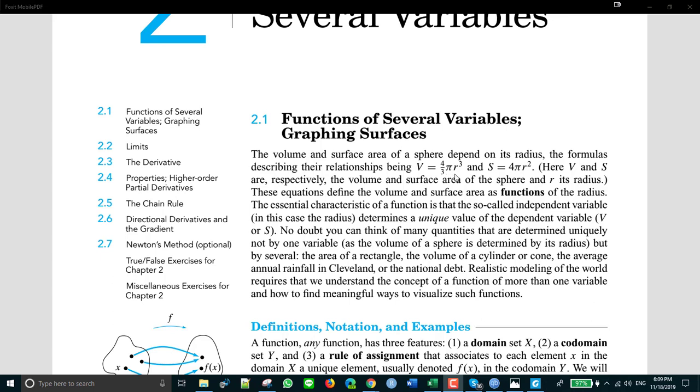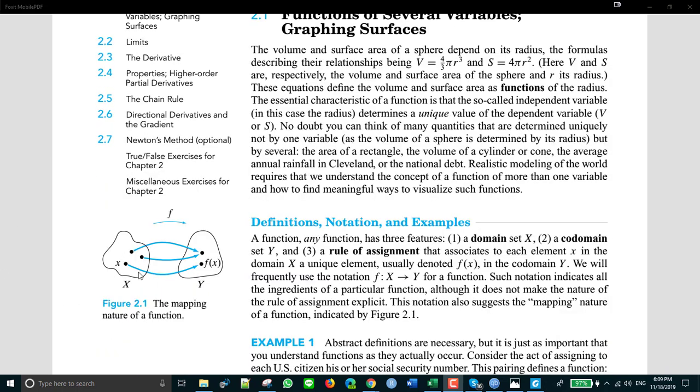So the set of allowable values would not include negative numbers. Maybe all real numbers that are non-negative, or maybe all positive real numbers might be the set of inputs. So that's what this set stands for, and we call it the domain, and they're denoting it by X.